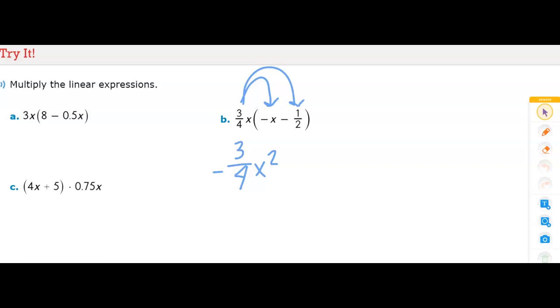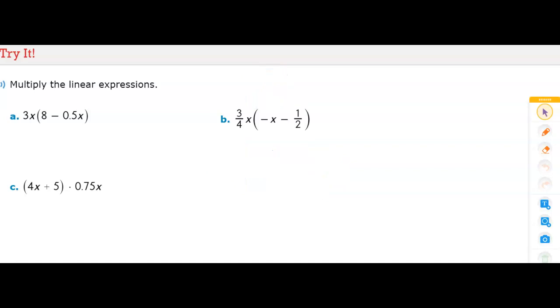And then we have negative 3/4 x times the 1/2, so that would be 3/8. And we keep the minus in front, and then we keep the x. So now we have this as our final expression for B.